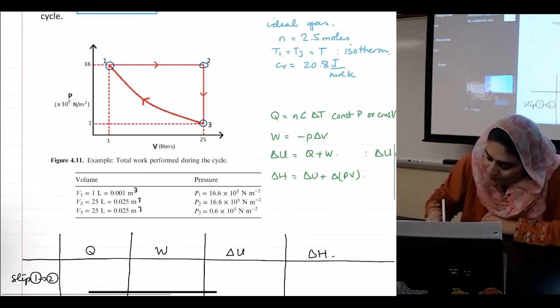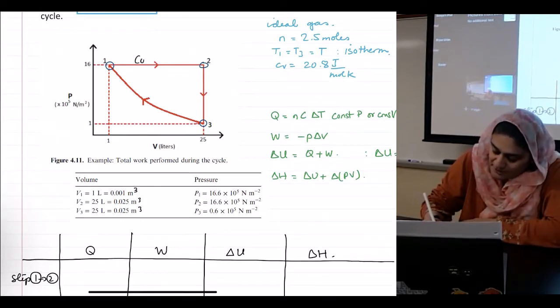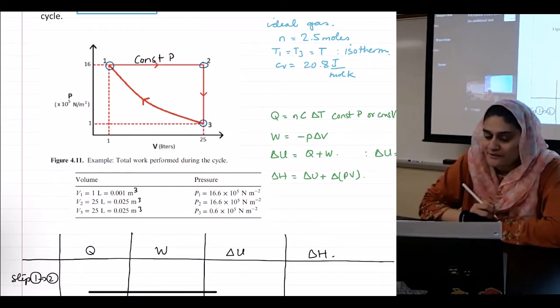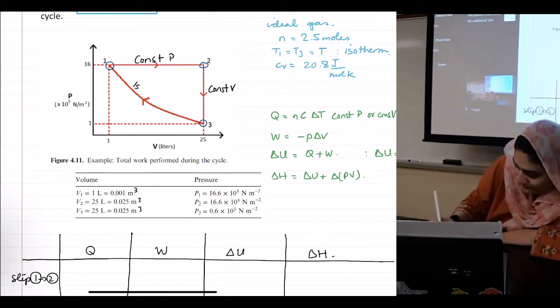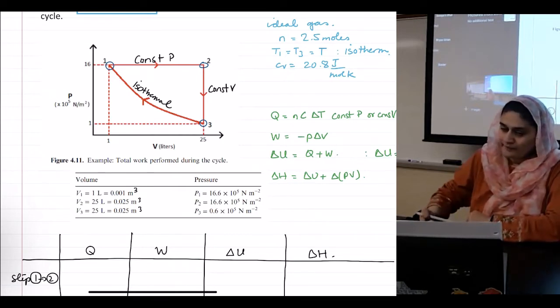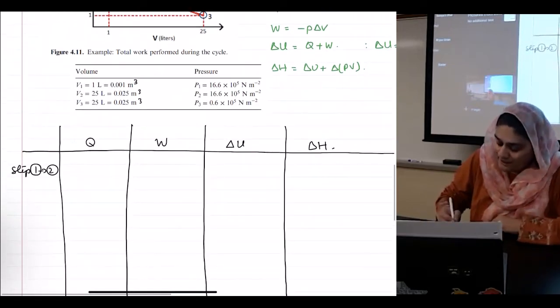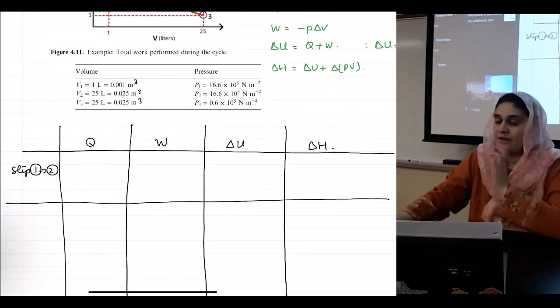Okay. What kind of a step is that? Constant pressure. Step 2 to 3, what kind of a step is that? Constant volume. Step 3 to 1, what kind of a step is that? Isothermal. Okay. So, what can I tell about where I should begin? Now we have to make educated guesses.